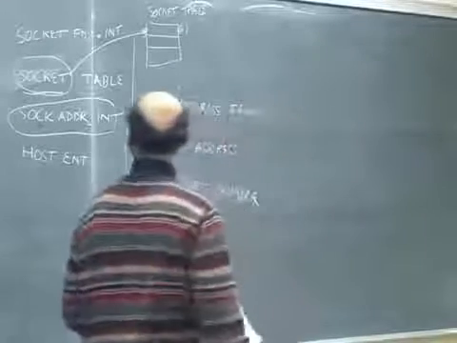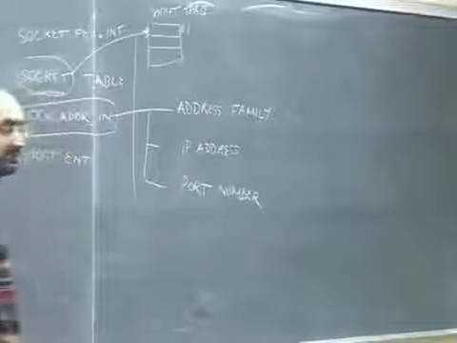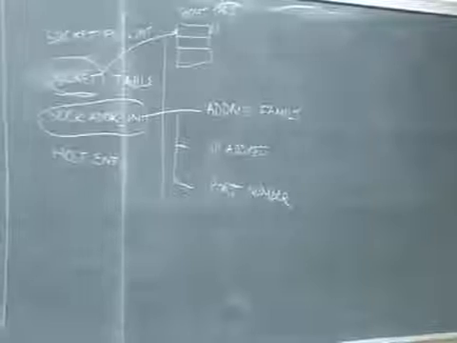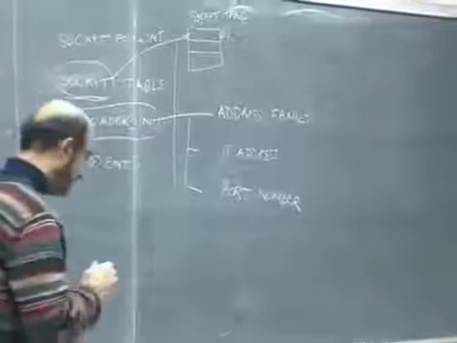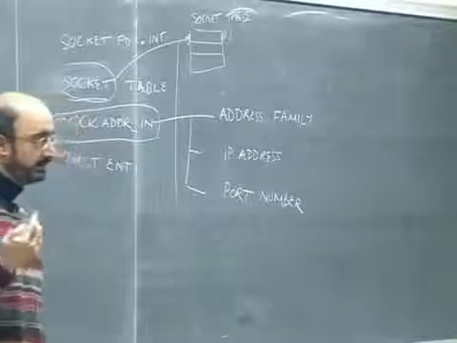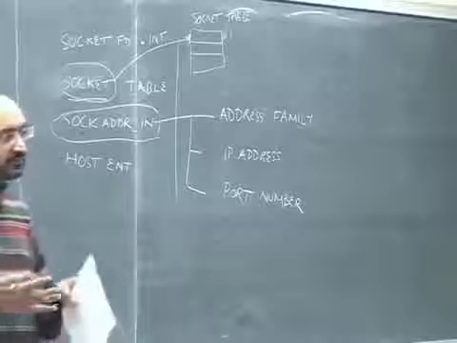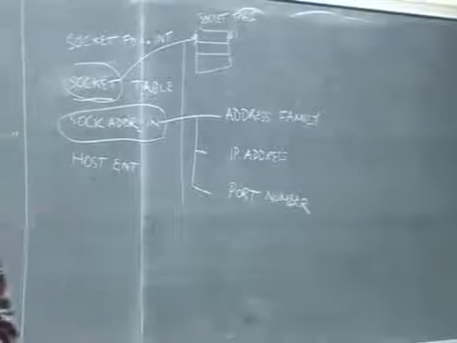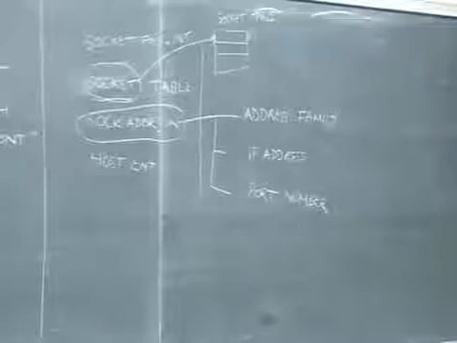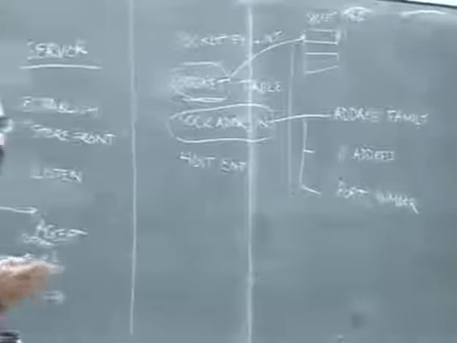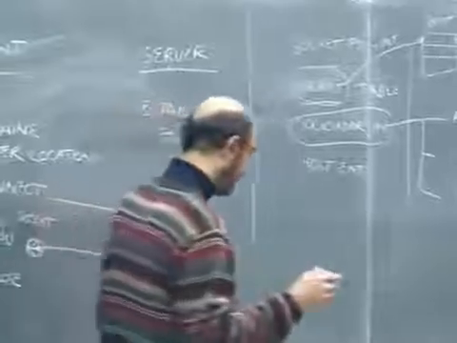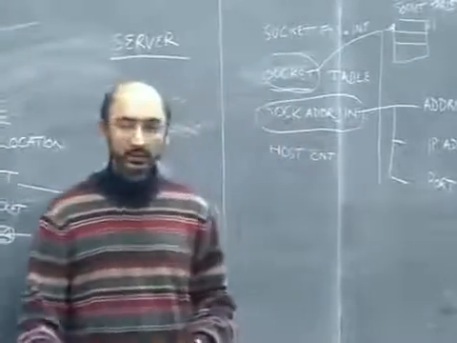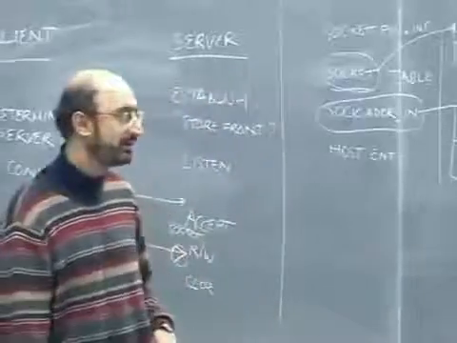Okay. All right. So what is the address family? When sockets were invented, which is roughly around 1978, 1979, the idea was that sockets would be used to talk about the internet as well as other networks that existed at that time. Okay, there were many other networks that existed at that time, all of which kind of went away. And I don't want to give you the names, they're not relevant, but at that time, the internet was only one of the many networks that were possibly available.